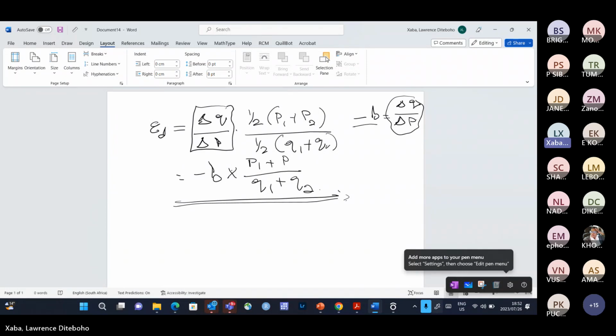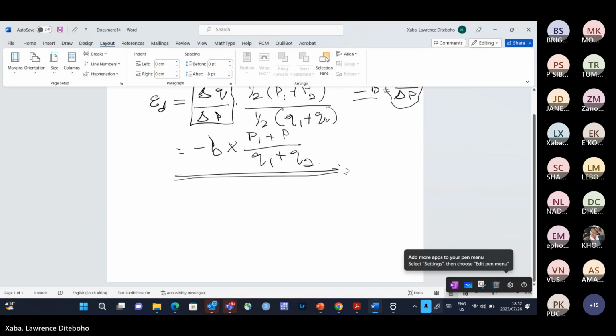So we'll take the very same example. Q equals 4,800 minus 2P. The question says, given this function, determine the arc elasticity if the price increases from 1,000 to 1,500.